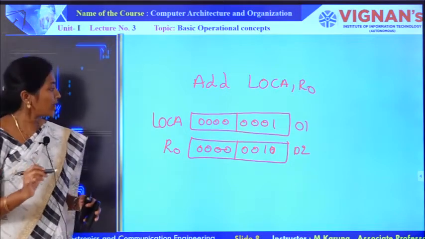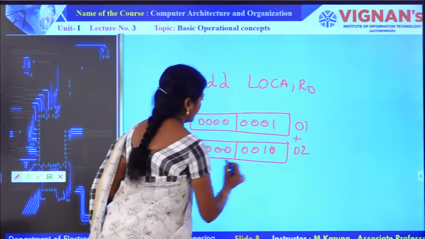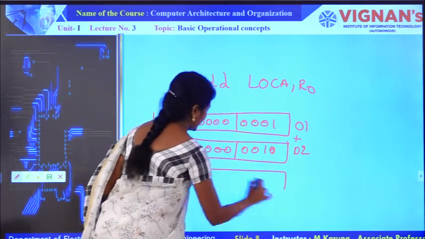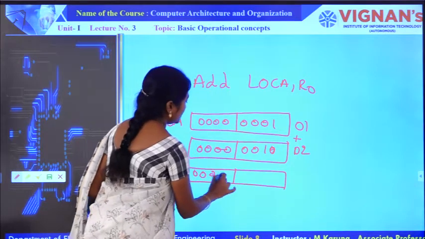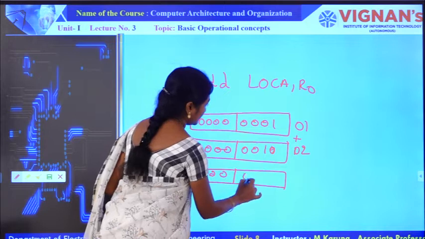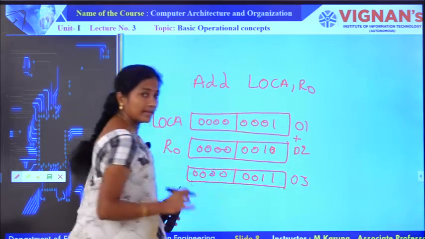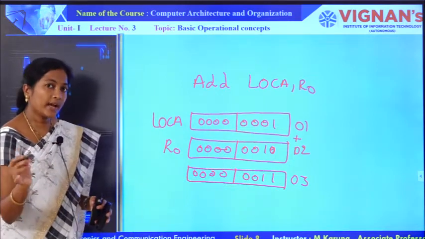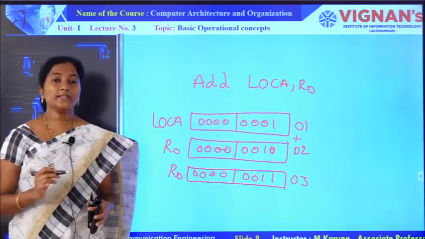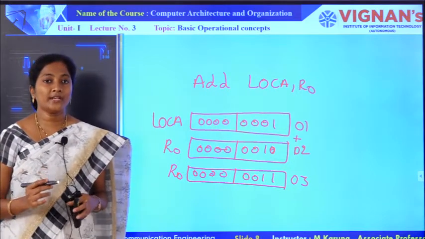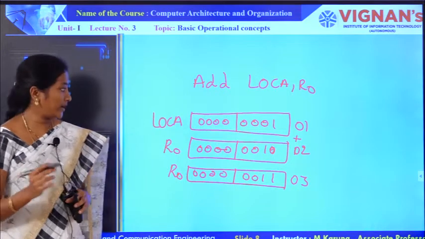So perform addition operation between these two data. You will get the output data 0, 0, 0. Answer is 3. That output data again will be stored in R0. That means after performing addition operation, output is automatically stored in register R0.